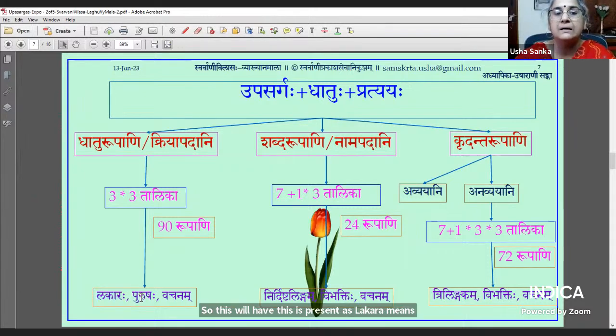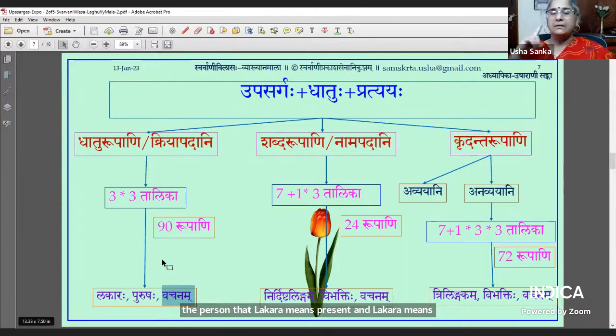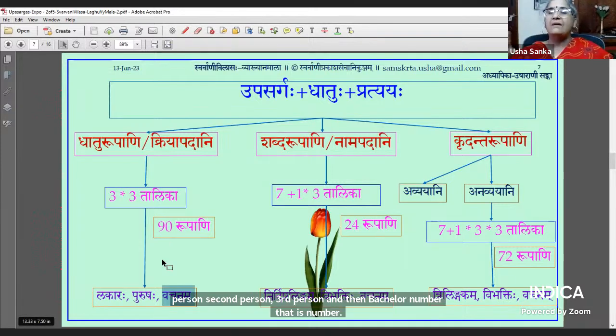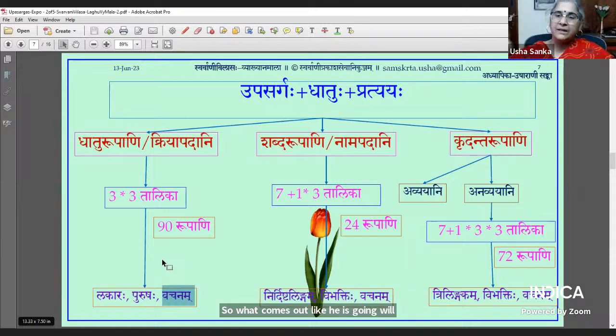Purusha is the person, that is first person, second person, third person, and then vachanam, that is number. So what comes out is: he is going, they both are going, they many are going, you are going, you both are going, you many are going, I am going, we both are going, we many are going. This is the 3 into 3 table. So whenever I say there is a 3 form, there are bound to be the other forms as well.